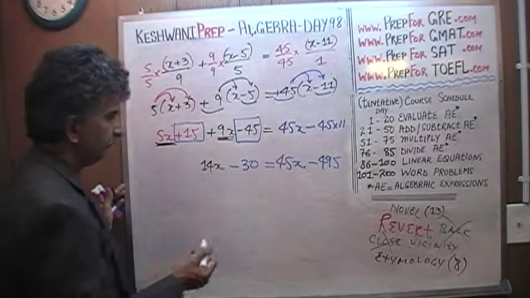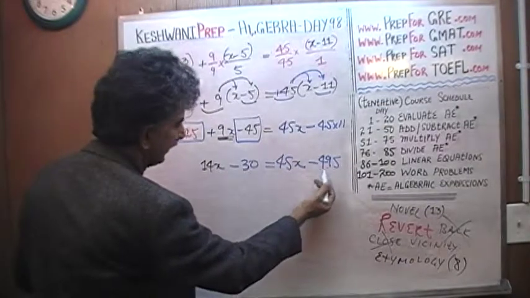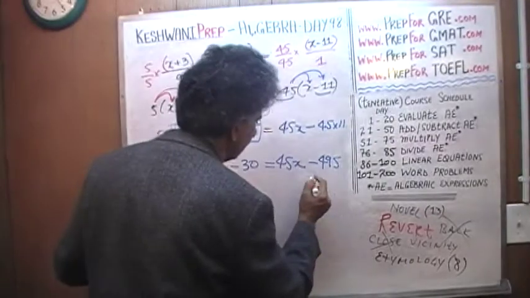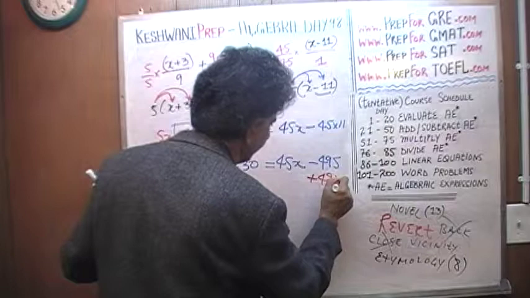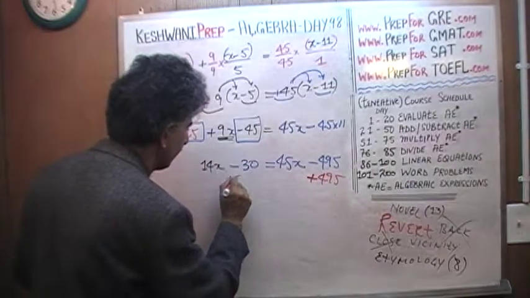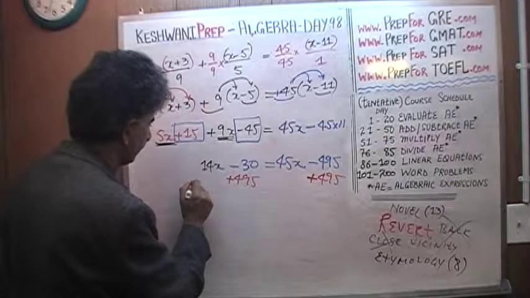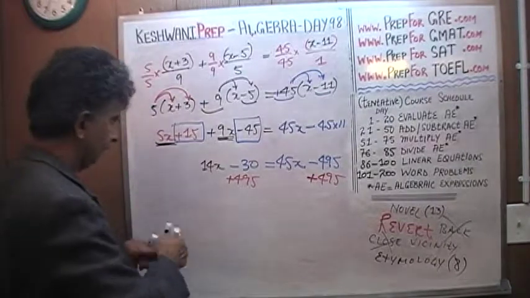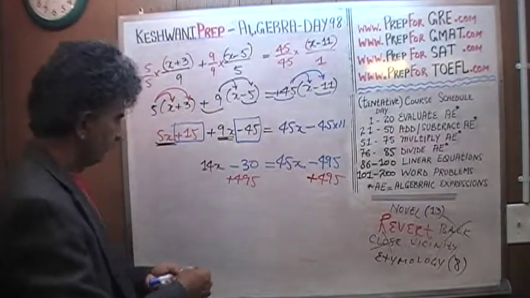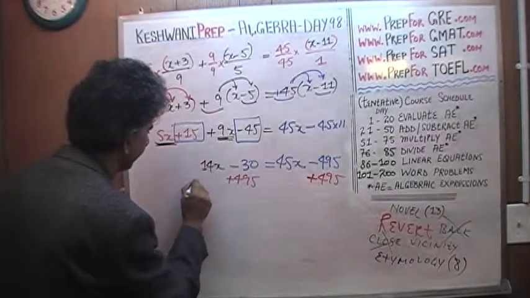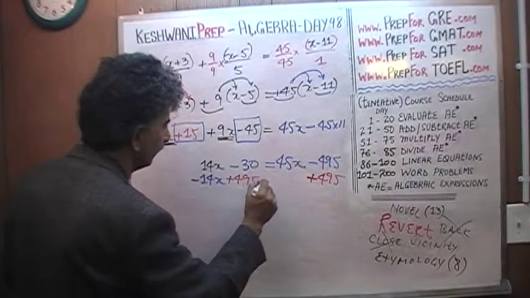Now, let's bring this negative 495 to this side. Let's add 495 to both sides. And let's subtract 14x from both sides.